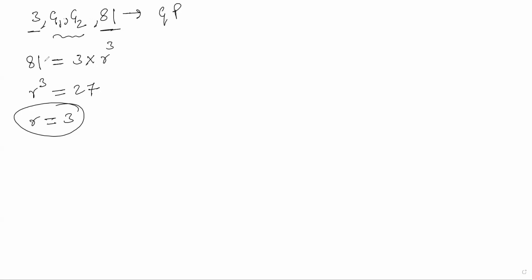They didn't use the direct language कि ज्योमेट्रिक मीन्स बताओ. उन्होंने बस थोड़ा सा इसी चीज को इनडायरेक्ट वे में पूछा. So what should be GM? G1 should be A into R. In this case, this would be 9. G2 would be A into R square, which would be 27, and this is 81.